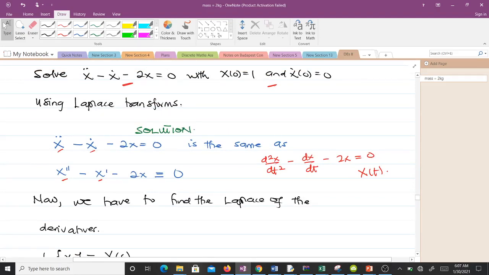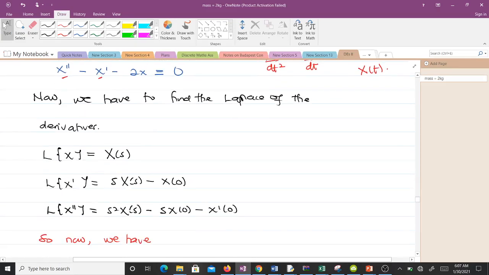So the Laplace of x is this, Laplace of x prime is that, and the Laplace of x prime prime is this, okay? And the Laplace of 0 is 0, because Laplace of a is equal to a over s. So that means Laplace of 0 will be equal to 0 over s, which is the same as 0, okay?